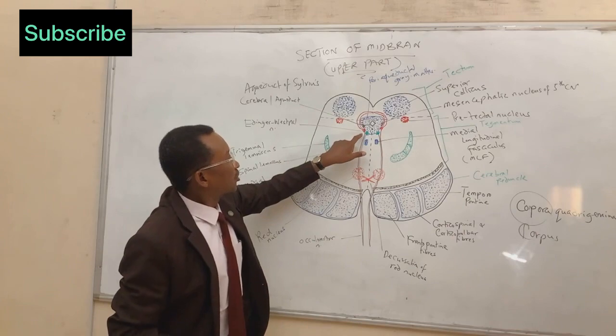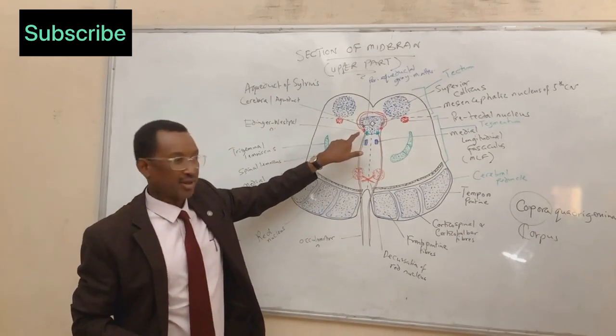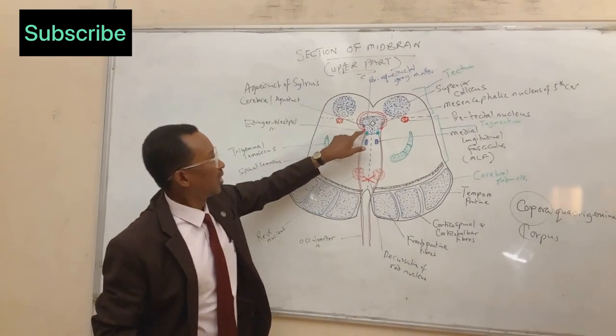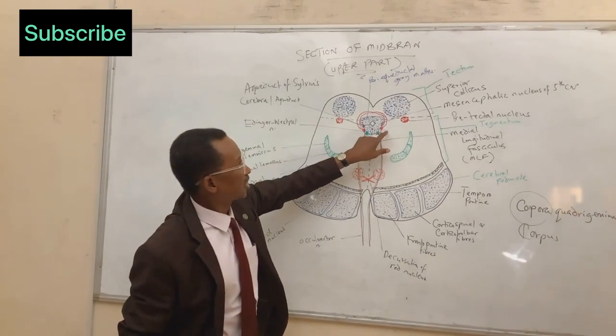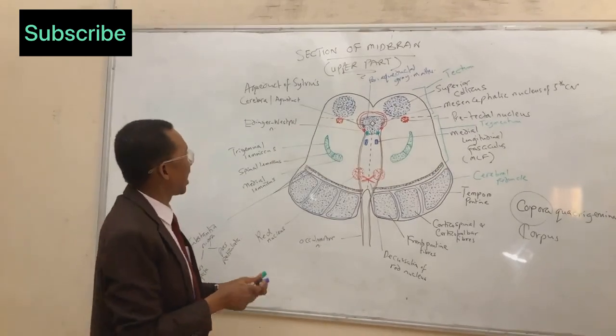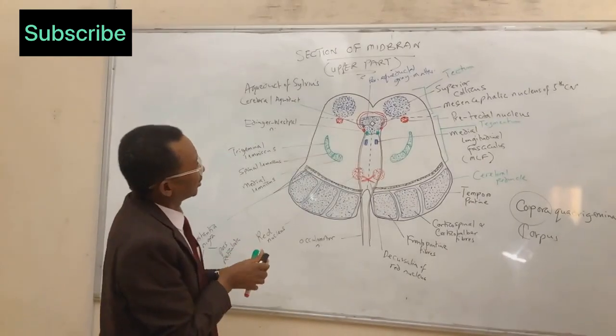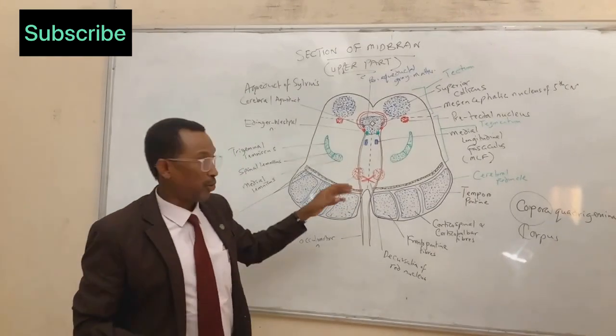Similarly, posterior and lateral to the oculomotor nucleus, we have what we call the Edinger-Westphal nucleus. If you can remember, I mentioned that this is the nucleus responsible for the pupillary light reflex that we discussed before.